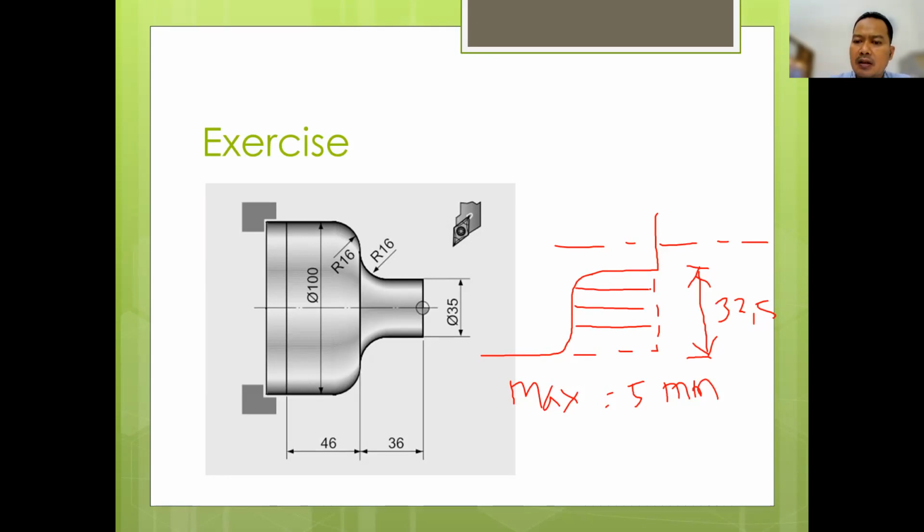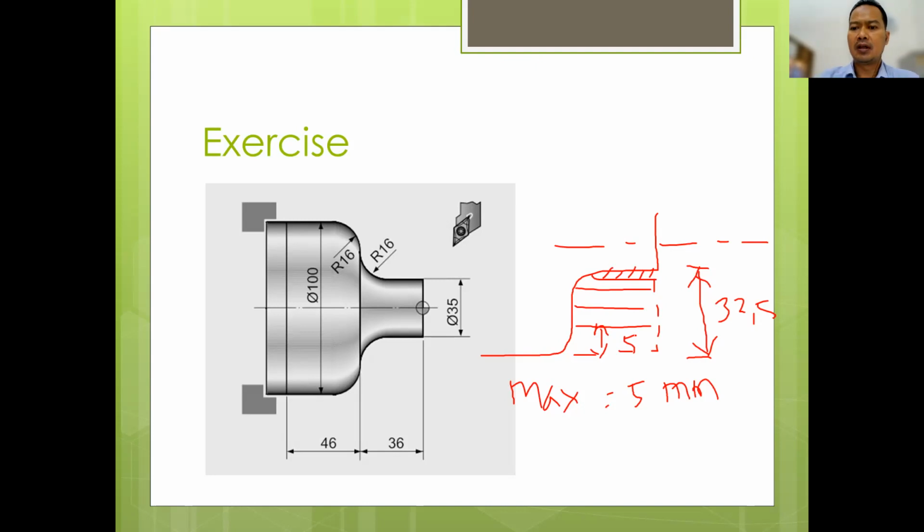So the depth of cut is 5 millimeters, conducted in 6 times, and then the last machining, the depth is 2.5.